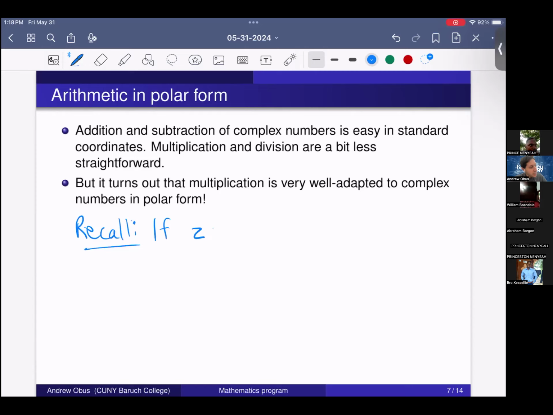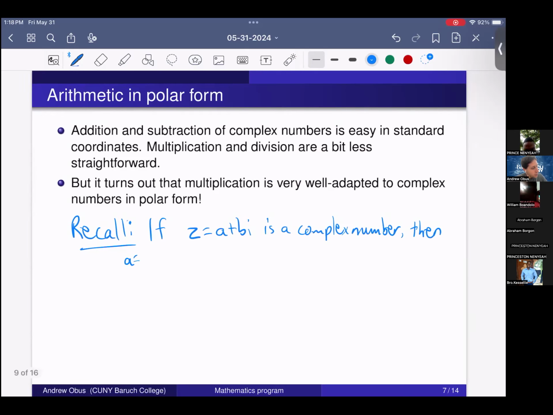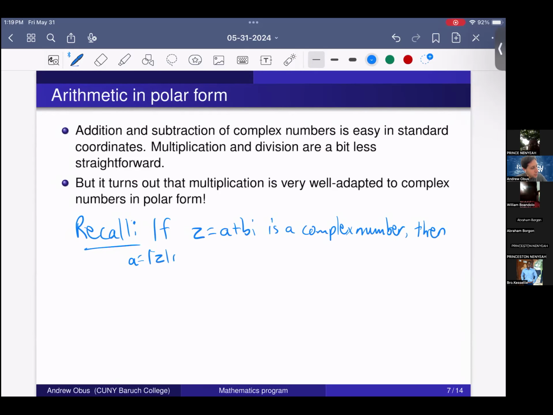If z equals a plus bi is a complex number, then a is equal to the absolute value of z times cosine of theta, and b is equal to the absolute value of z times sine theta, where theta is equal to the argument of z.